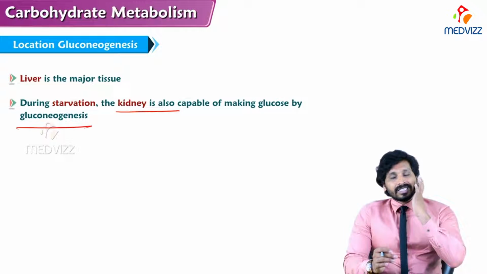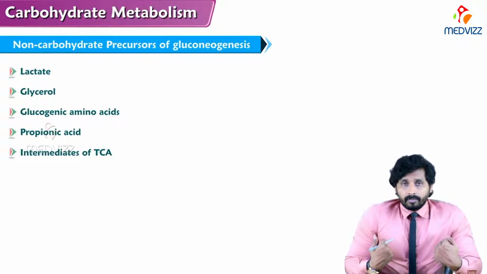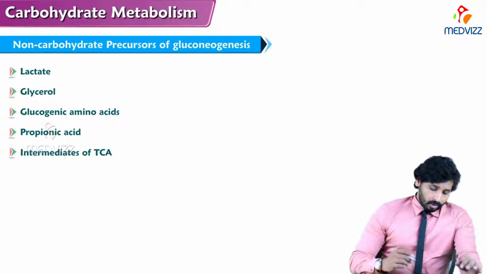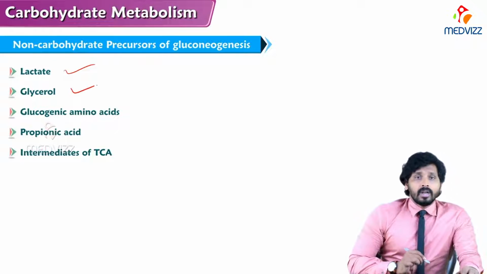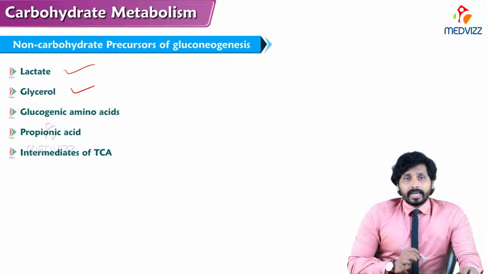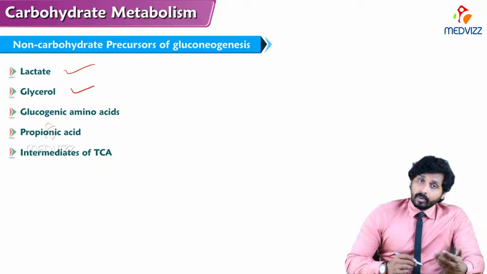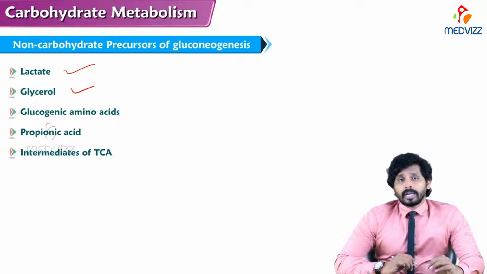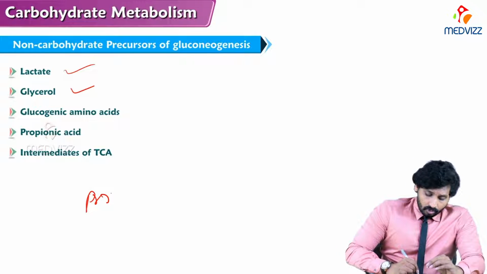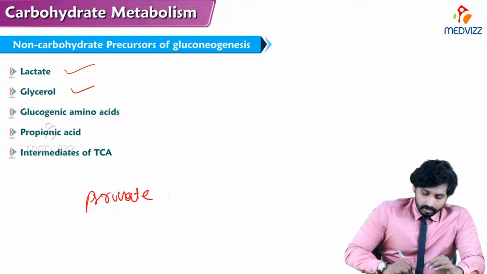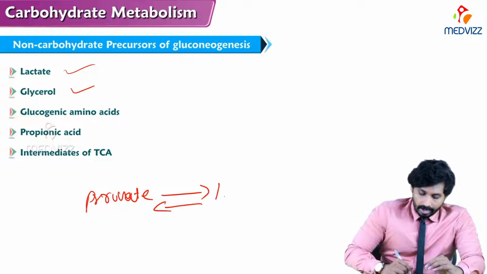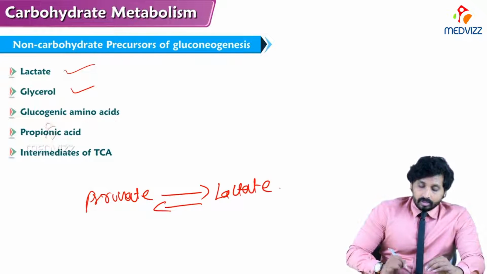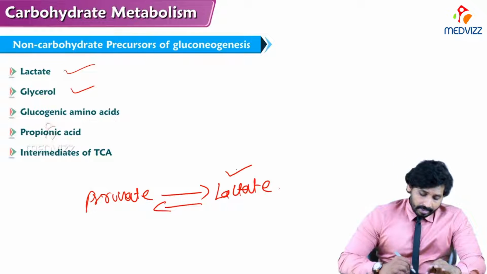These are known as gluconeogenesis precursors: lactate and glycerol. Where do you come across lactate? The end product of glycolysis is pyruvate, and in the absence of oxygen this pyruvate can be converted to lactate. So here the non-carbohydrate source will be lactate or pyruvate.